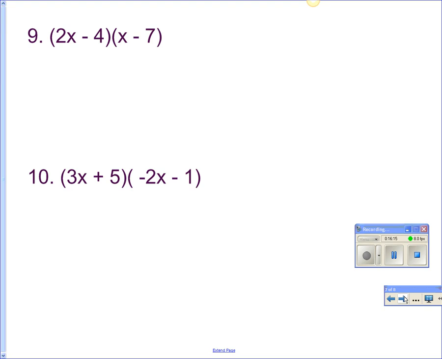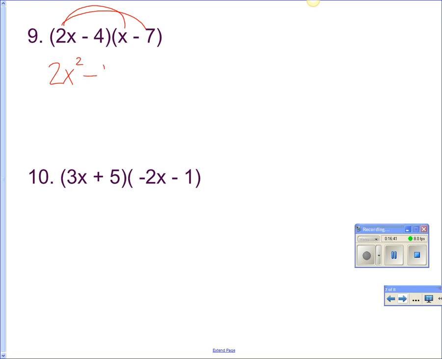All right, Jesse, what do you think I do first? What does that give me, Jesse? 2x times x. Very good. To the second. So that one's 2x to the second because there's a 2 in front. Dylan, what am I going to multiply next? Without a calculator, Dylan. 2 times 7.